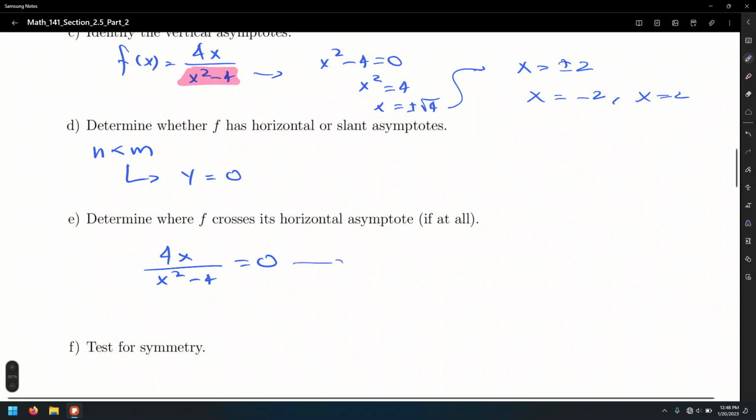We already got a solution for this equation, x equals 0. All right, so that's the value of x where it crosses. But the ordered pair ultimately is going to be the origin. Again, it's not just solving the equation, it's not just getting the x value. We're looking for points because we want to sketch the graph using points, not just values.